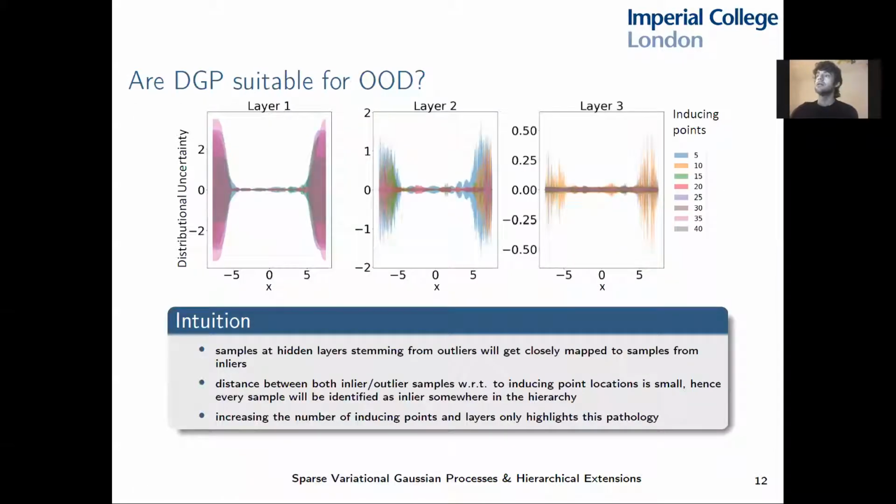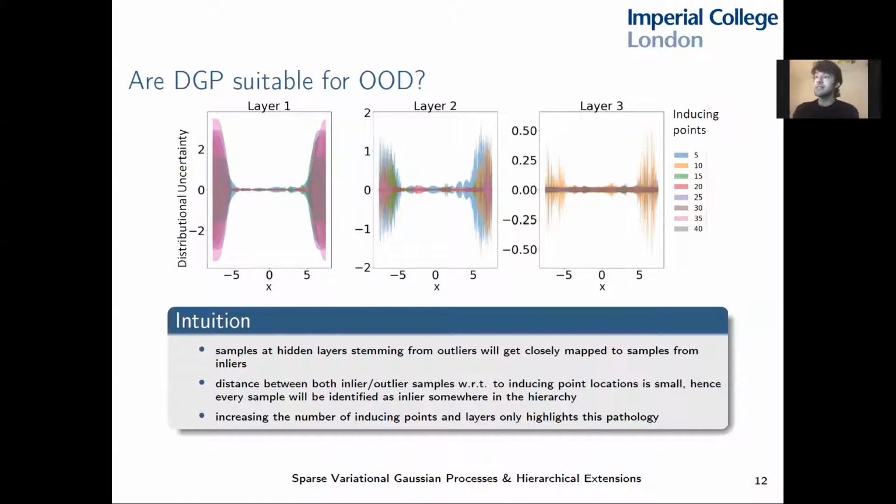Right. So now the question is whether this hierarchical architecture composed of sparse variational GPs is still suitable for out-of-distribution detection, just as shallow GPs.